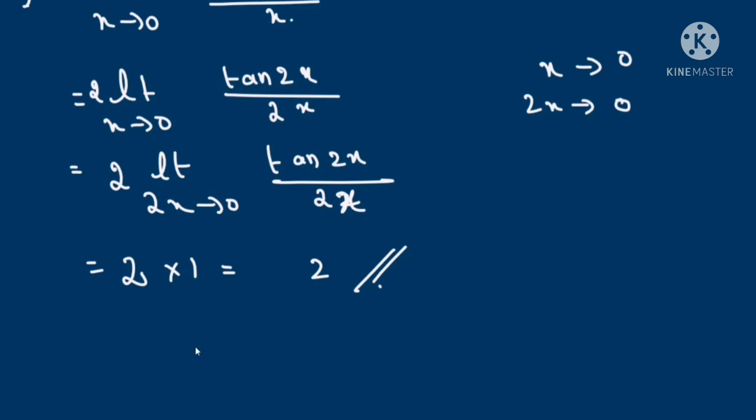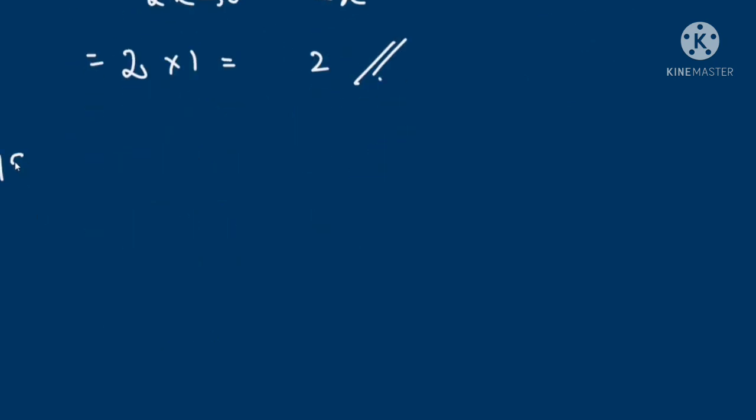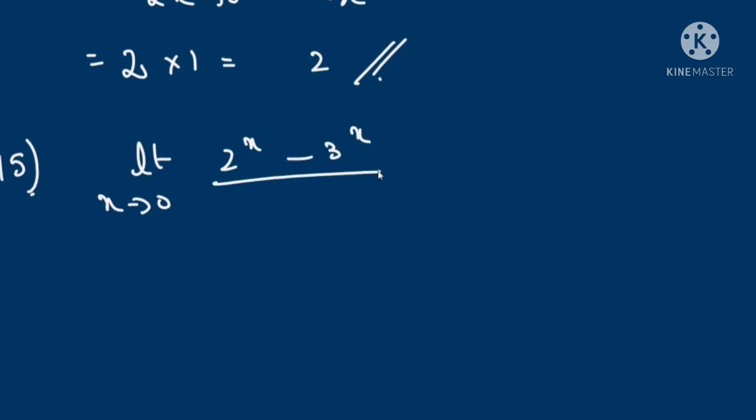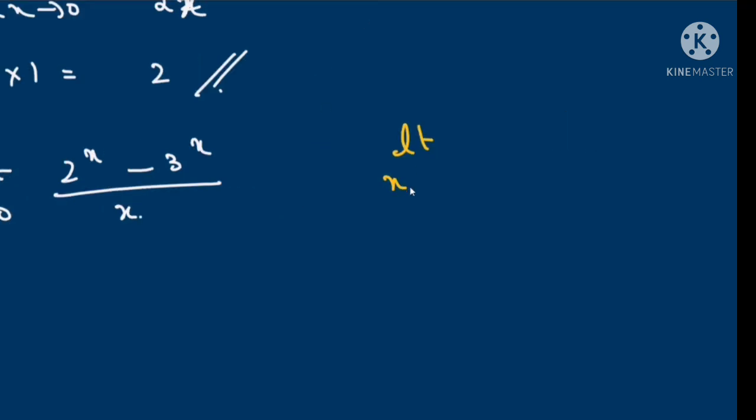Question number 15. Limit x tends to 0, 2 power x minus 3 power x by x. So we are going to use the limit formula. Limit x tends to 0, a power x minus 1 by x is log a.